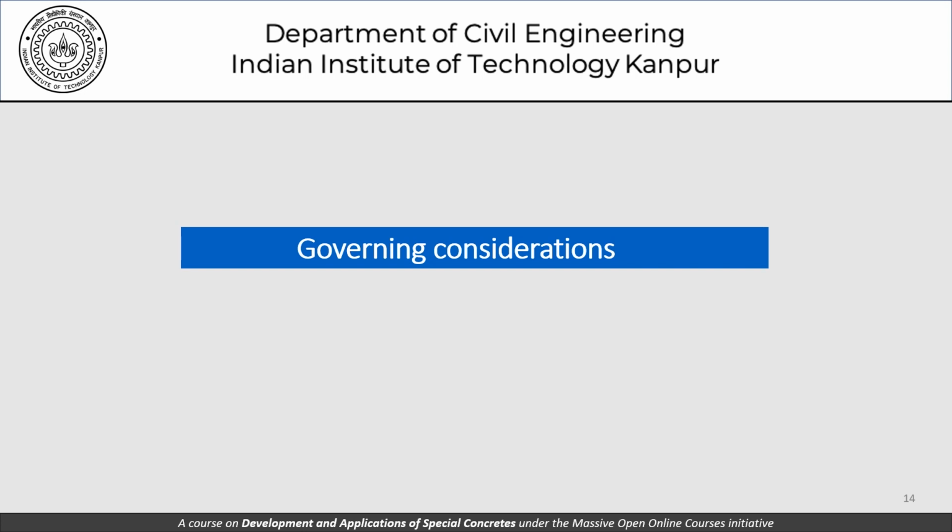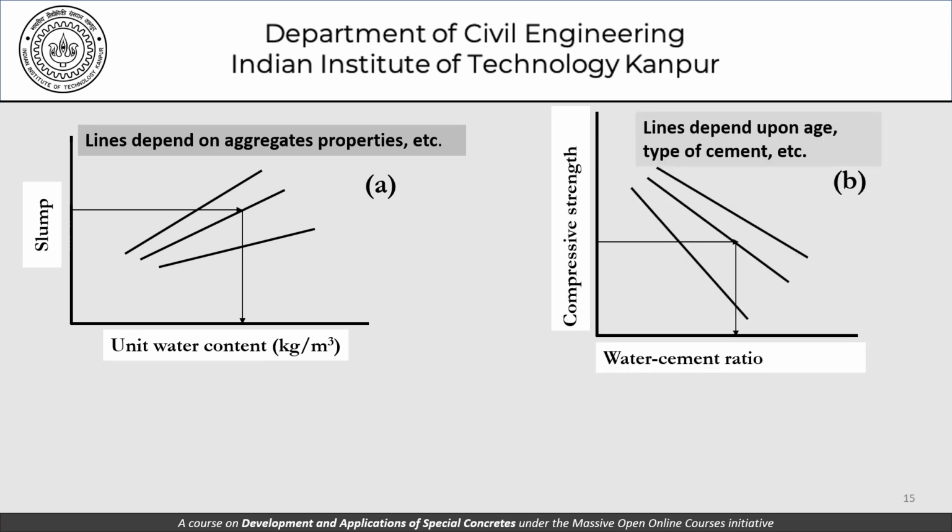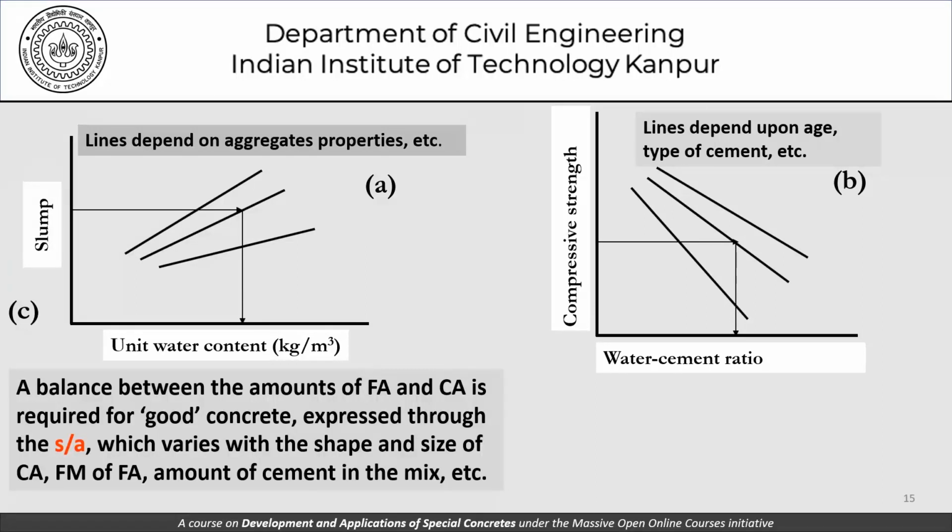Now let's quickly look at the governing considerations once again. We had already talked about this: unit water content versus slump, several lines. Compressive strength versus water cement ratio, the lines would depend upon age, type of cement and so on. A balance between the amounts of fine aggregate and coarse aggregate is required for good concrete, expressed through the S by A, which varies with the shape and size of the coarse aggregate, the fineness modulus of the fine aggregate, the amount of cement in the mix and so on.